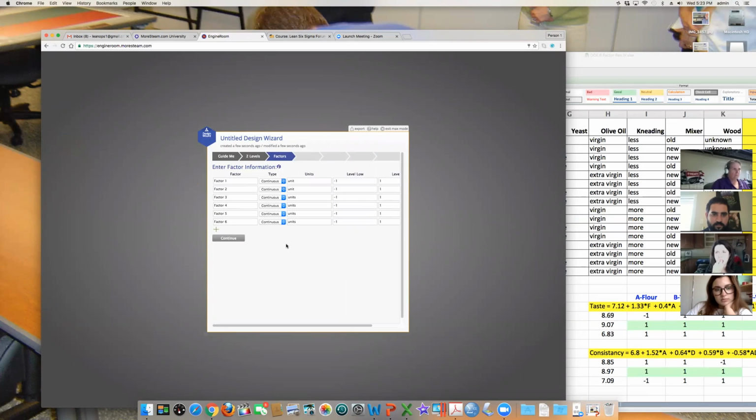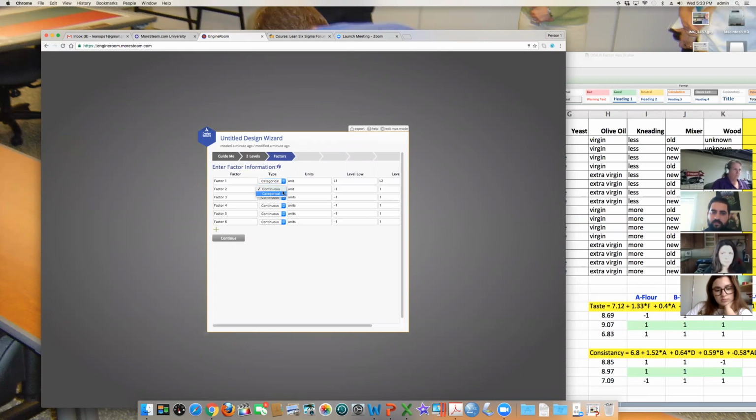I'll show you the completed one. The factors that we're using are categorical. So even when we had flour, they weren't putting in the actual number of cups or pounds of flour. They were just saying more or less, which I think was a nice shortcut to make it easier to run the experiment.